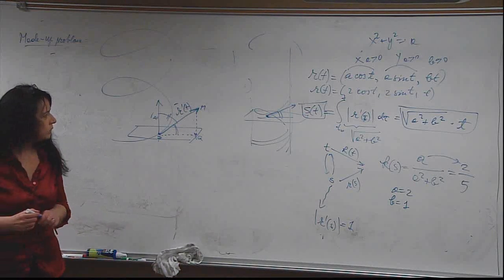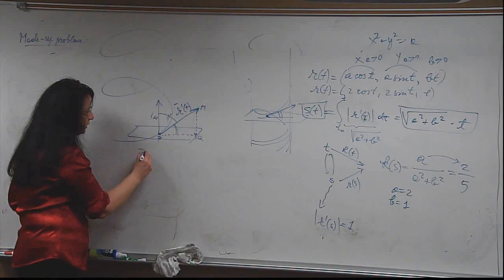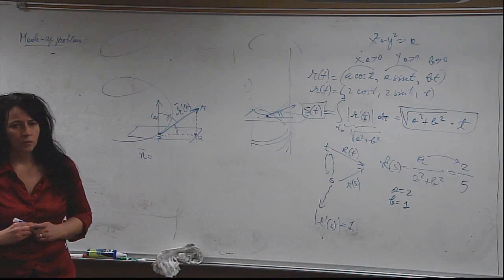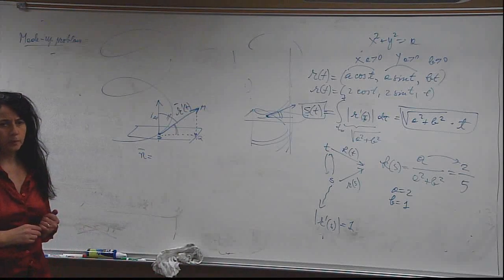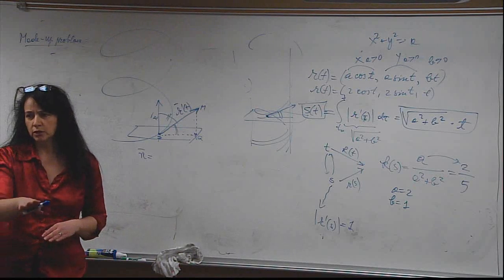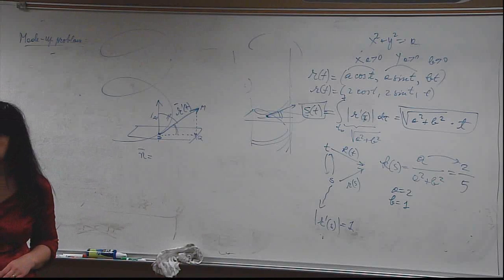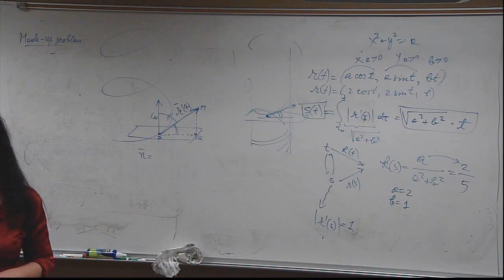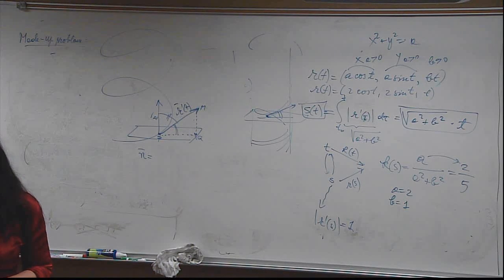No, for God's sake. Who is little n? Little n would be the normal to a plane that you love. What is your plane? Your plane is the horizontal plane, the xy plane, or xy plane shifted. Does the normal change?